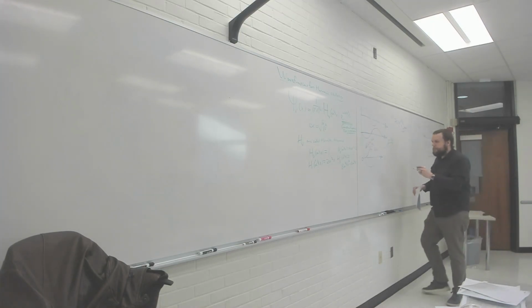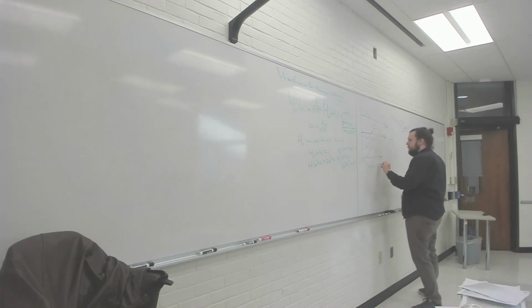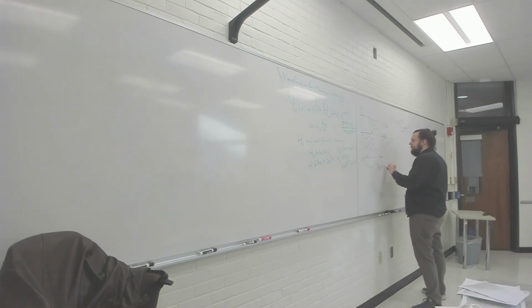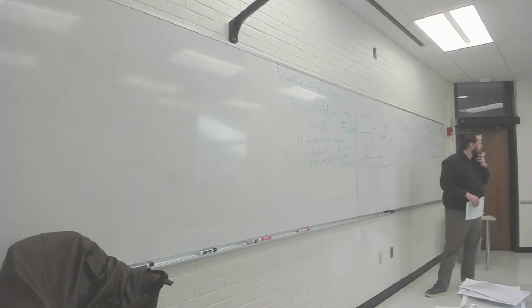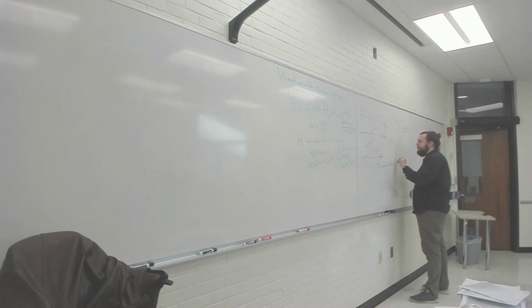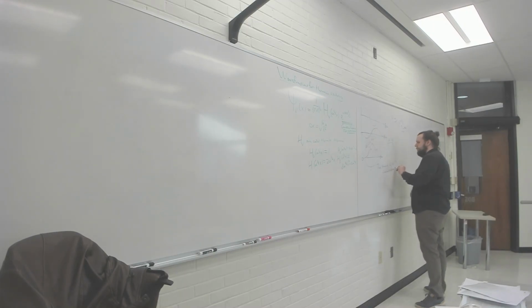So the product of the Hermite polynomial H of x times e to the minus x squared over 2 gives an oscillatory function that only oscillates within the bounds of the potential.